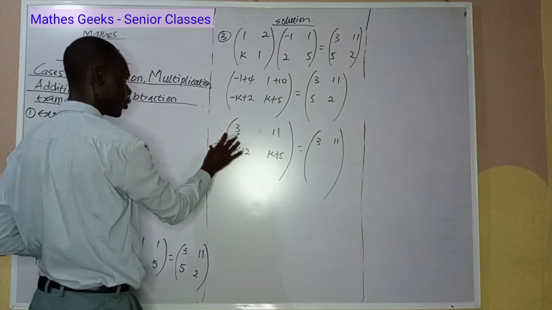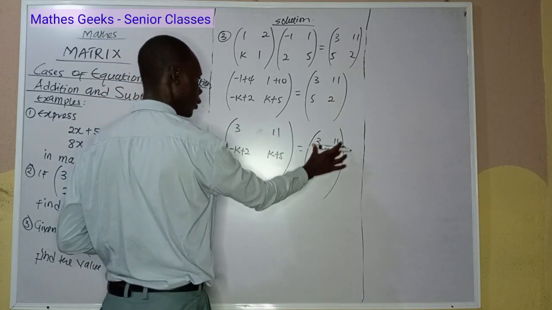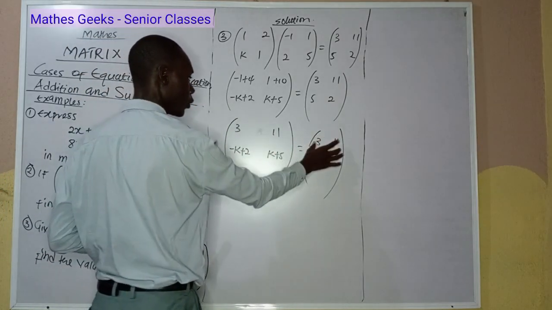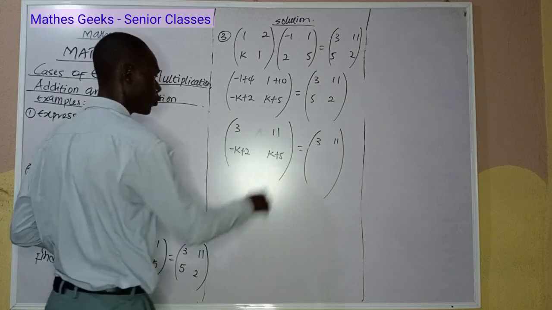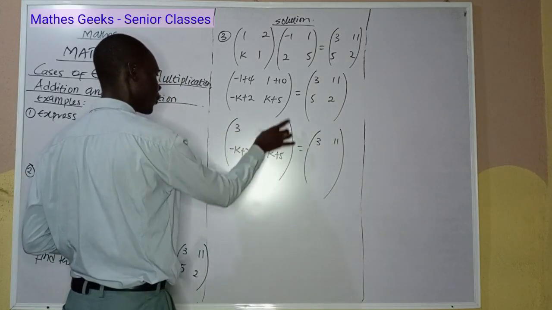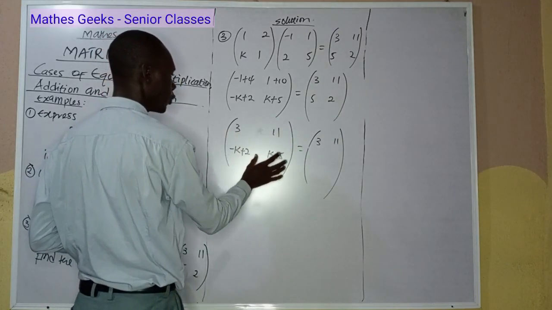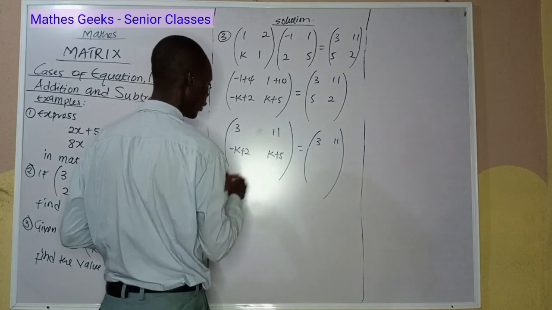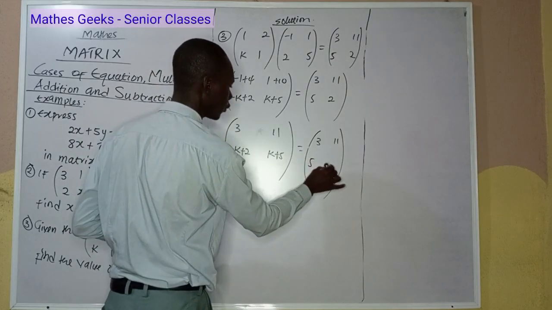You will see that this entry and this entry are the same as this part of the equation, so there's nothing to solve for in this area. All we need to solve for is these two entries. So here is 5, 2.